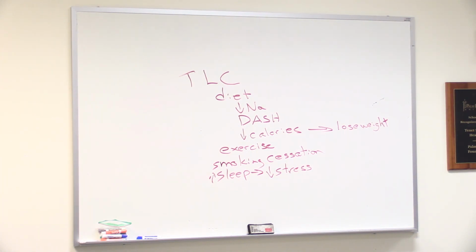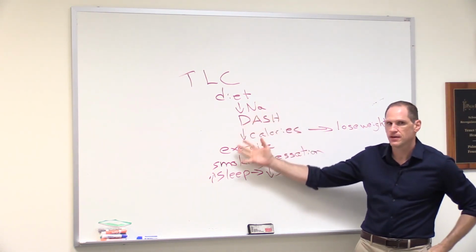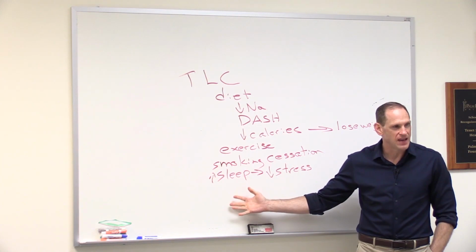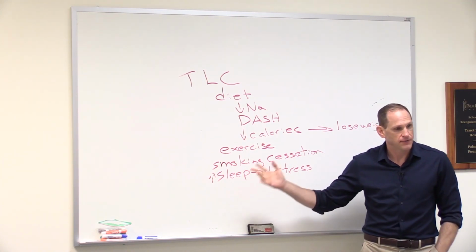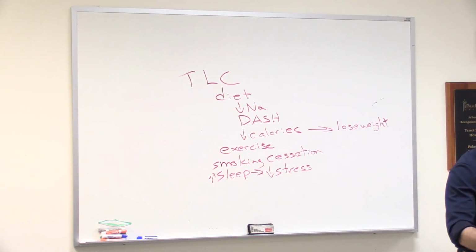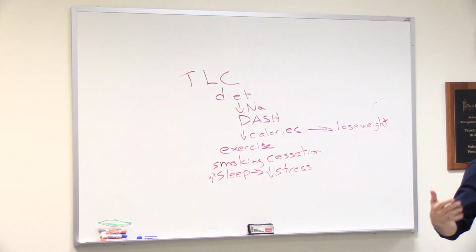So you don't want to just assume, here, take these drugs. One of the biggest problems that we have in the United States is people just expect a drug to solve the problem. And without doing these things, the drugs might not solve the problem. Now, for some patients, even with therapeutic lifestyle changes, they're still going to need medications.